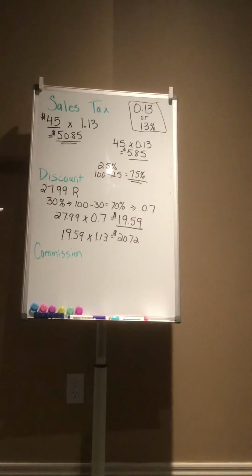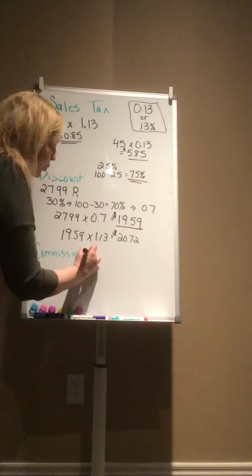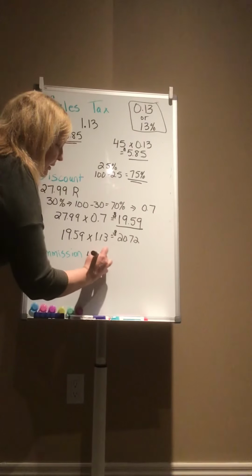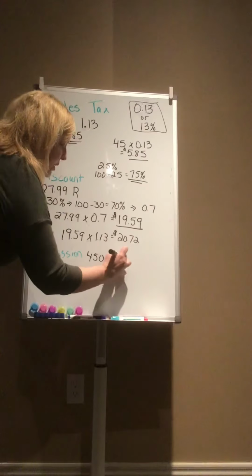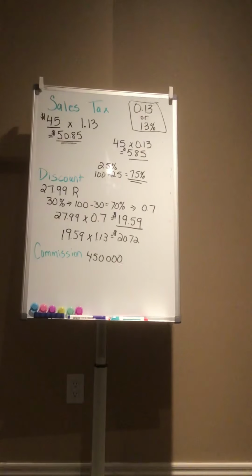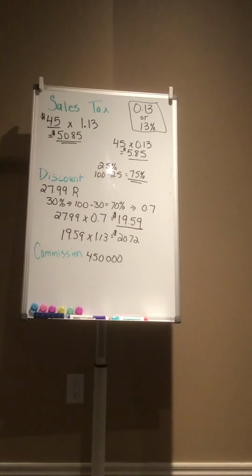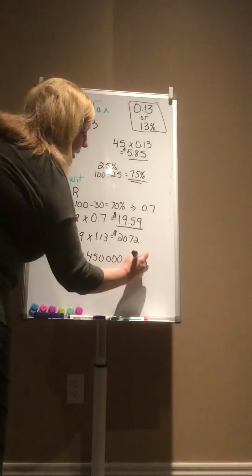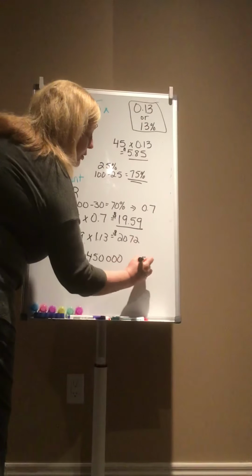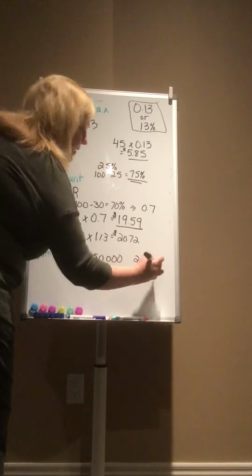Same idea in real estate. So say, for example, I had a house that was worth $450,000. And George, my real estate agent, said, okay, I'm going to sell your house for $450,000, but my commission is 2.5%.